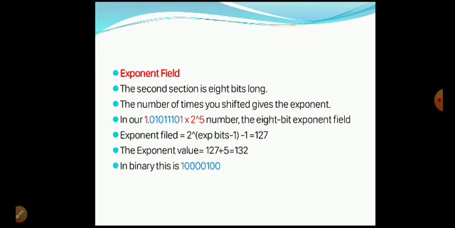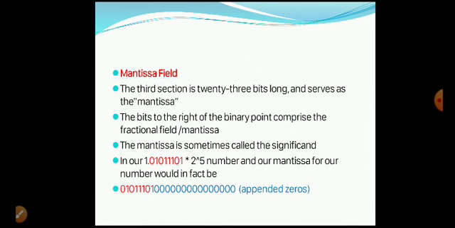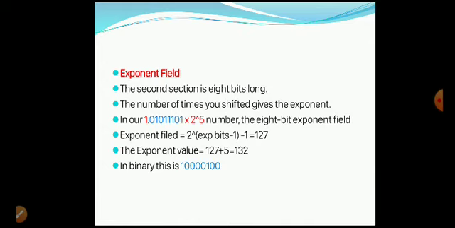This is the bias calculation. So bias plus the power of 2, that is 5, becomes 132. This 132, if you convert it into its binary equivalent, gives us the exponent field.